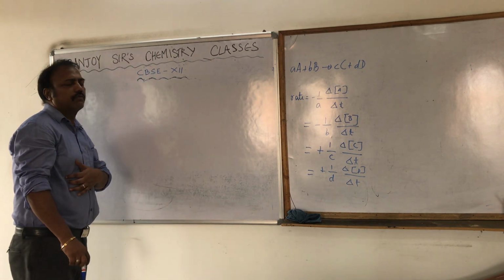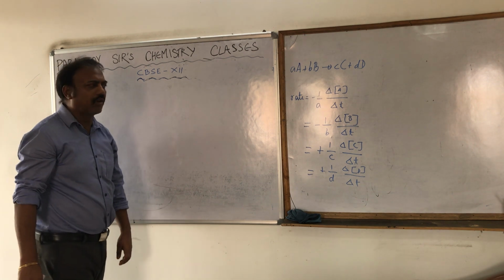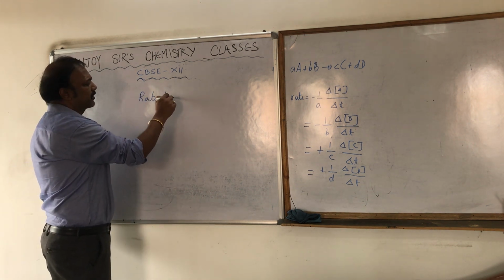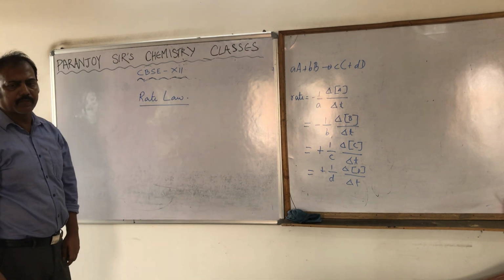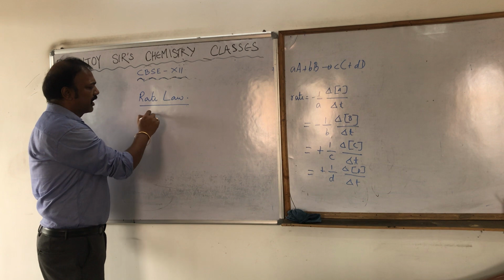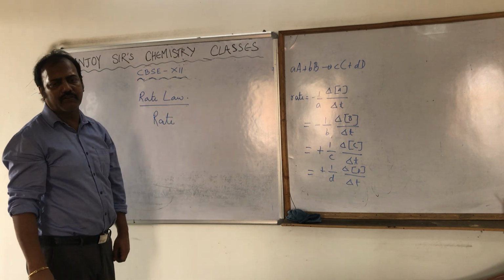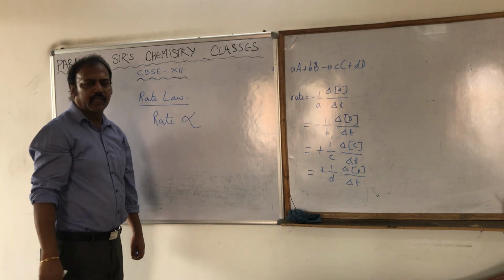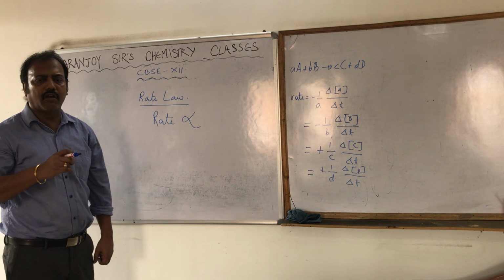Now what does this theory say? That is called the rate law. What does this rate law say? Rate law says that the rate of a chemical reaction, please understand it again, be very careful, is directly proportional to the concentration of the reactants.